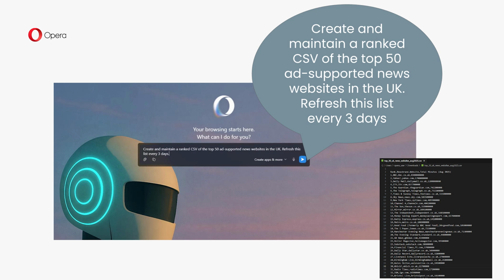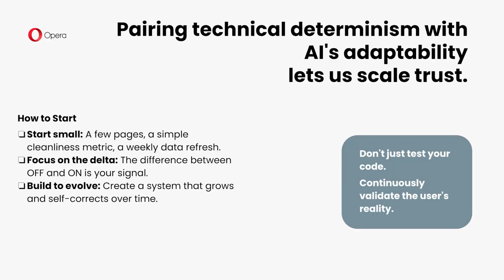In our case, we ask for top websites from a concrete region, for newspapers or for video websites, for example. It can be updated every 3 days, and extracted in a format which is suitable for your test. So if your test uses CSV, it can do that too.